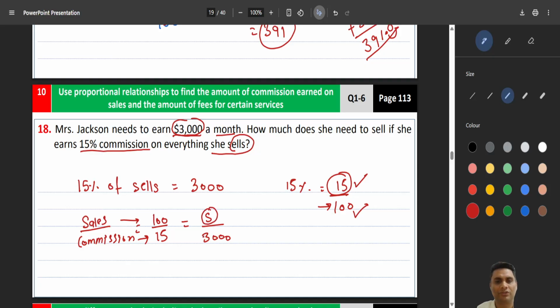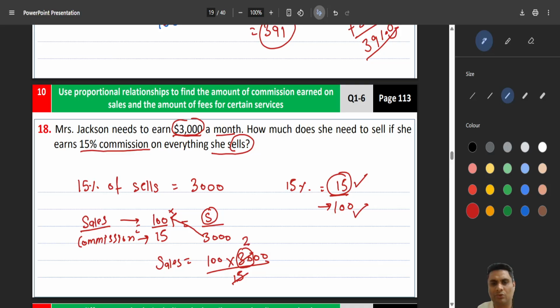What will you do? Simply send the 3000 here, cross multiply. So my sales should be equal to 100 times 3000 over 15. Now check, there is 30 here and here I have 15. 15 times how much gives you 30? 15 times 2, right?